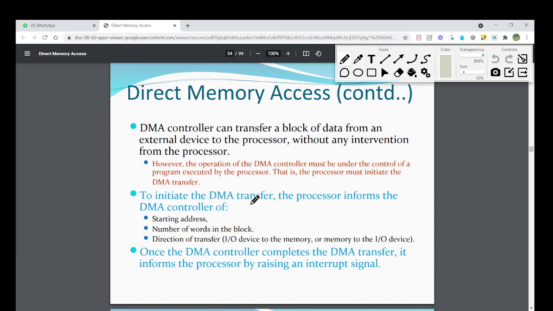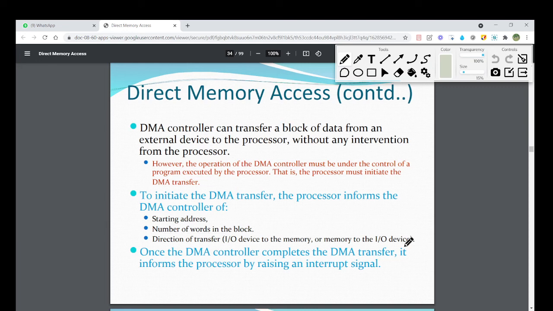To initiate the DMA transfer, the processor informs the DMA controller of the starting address, the number of words in a block, and the direction of transfer, that is, IO device to memory or memory to IO device, whether it is performing a read or a write operation. These things are initiated by the processor.